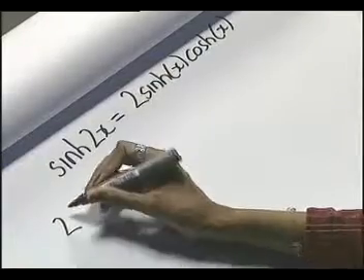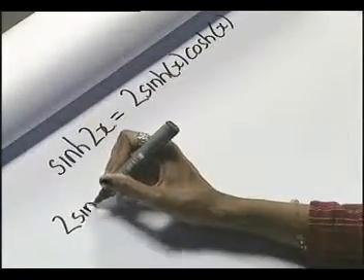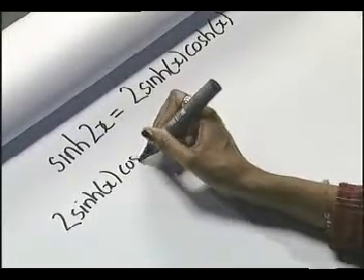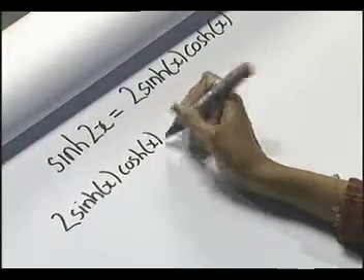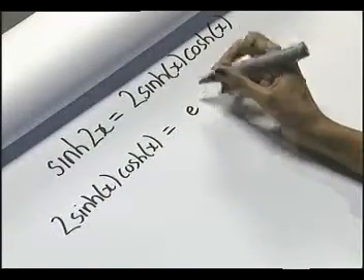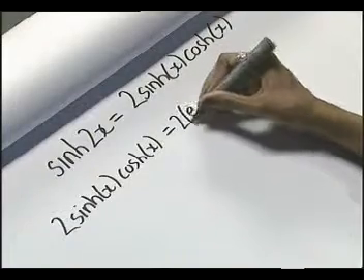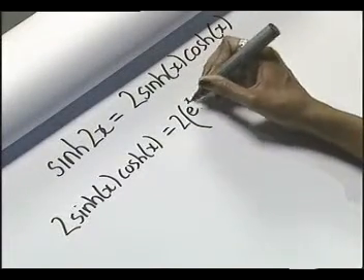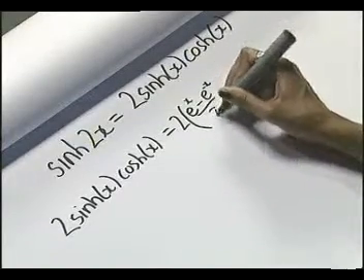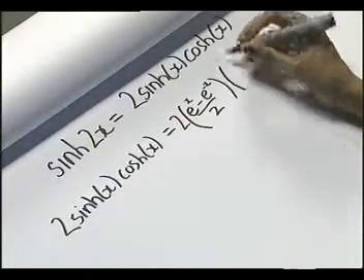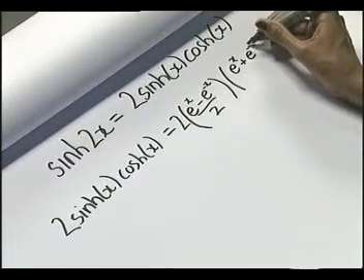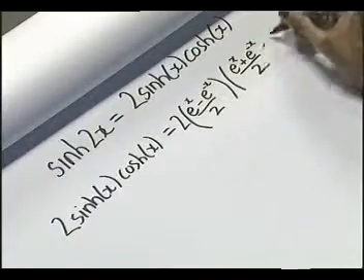So 2 sinh x cosh x is equal to 2 lots of (e to the x minus e to the minus x) over 2 times cosh x, which was (e to the x plus e to the minus x) over 2.